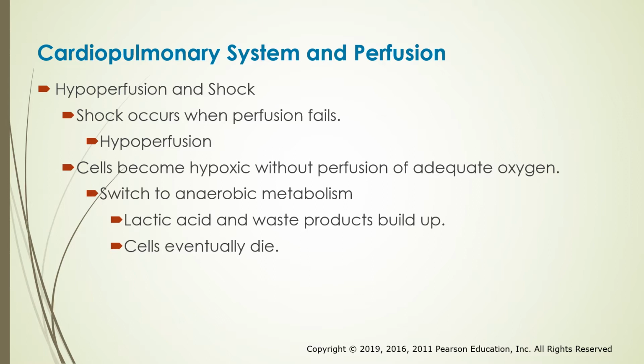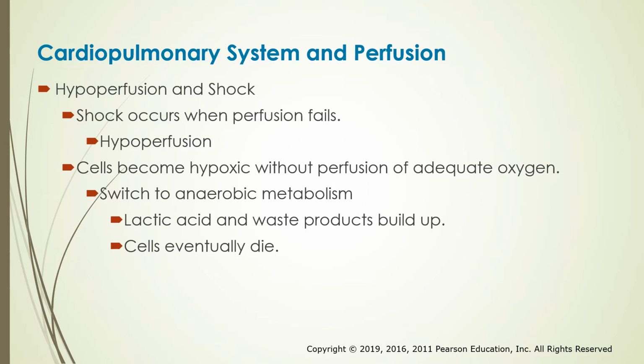So, hypoperfusion and shock. Shock is actually just the lack of adequate perfusion. Hypo meaning low, so there's low perfusion. So when perfusion fails, that's when we have shock. So the cells become hypoxic, meaning they don't have enough oxygen. And then we switch to anaerobic metabolism.